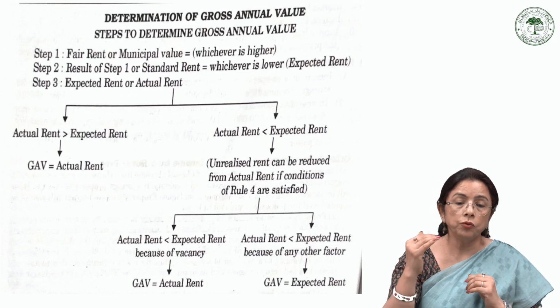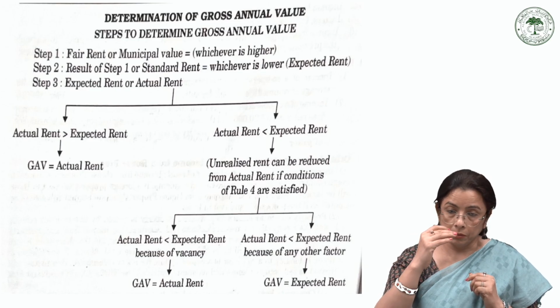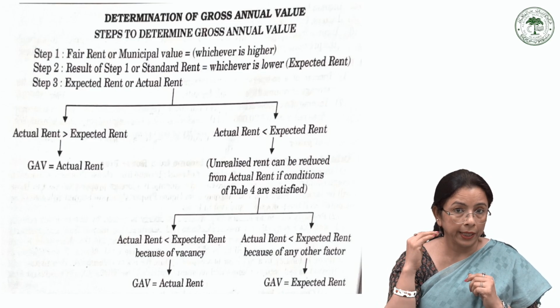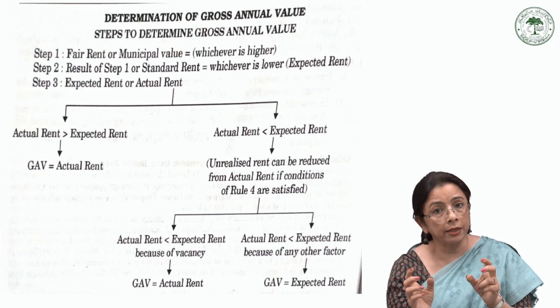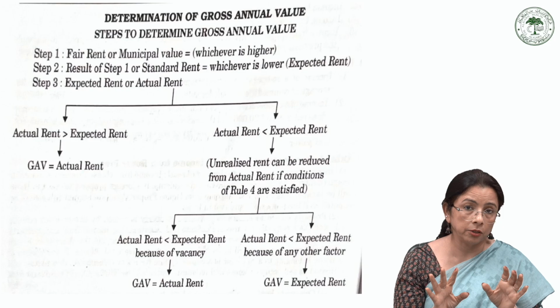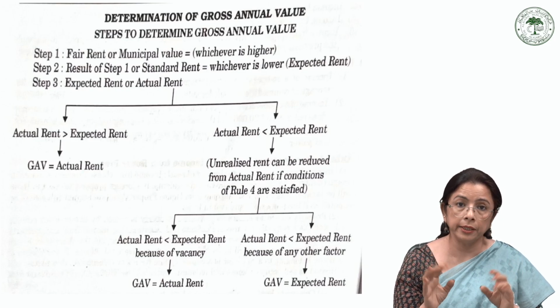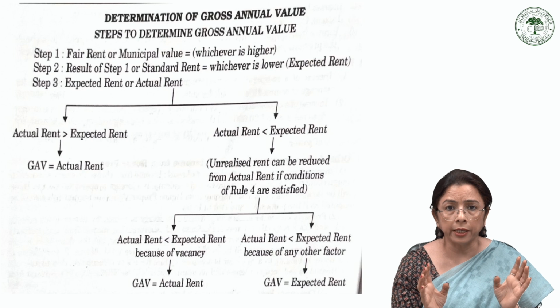So once you have decided what the expected rent is and compare it with the actual rent, which will be the gross annual value depends upon the situations. There are 3 situations. One, if the actual rent is higher than the expected rent, gross annual value is that actual rent.